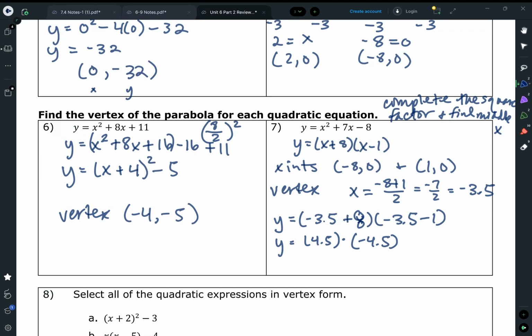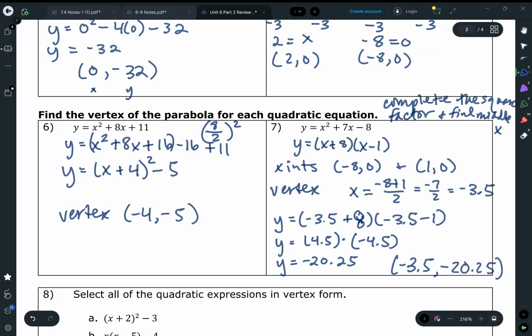And for that, I'm definitely using a calculator. And I get 20.25. So this is going to be negative 20.25. So my vertex is negative 3.5, negative 20.25.